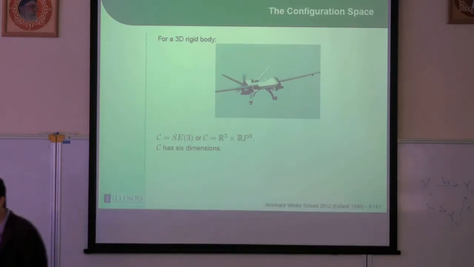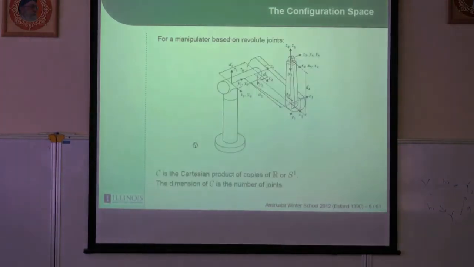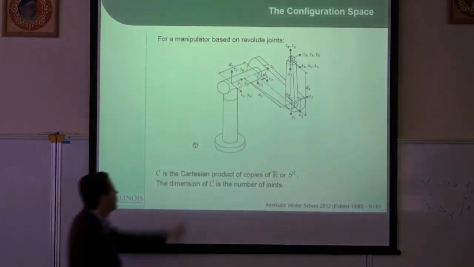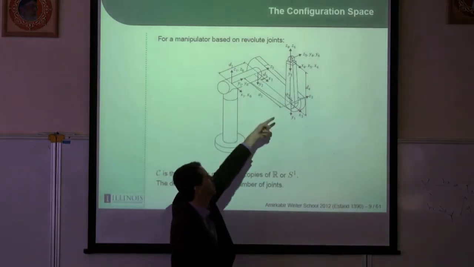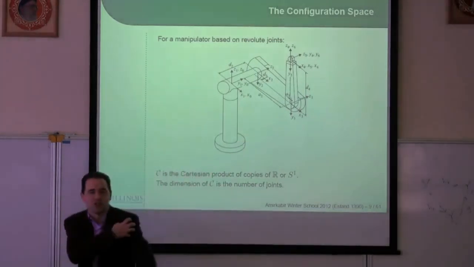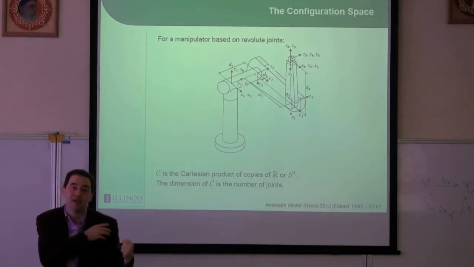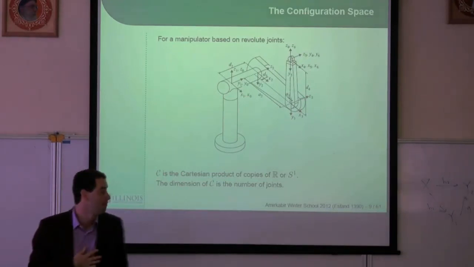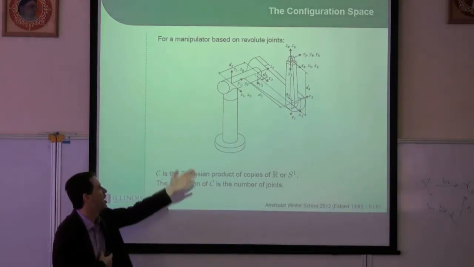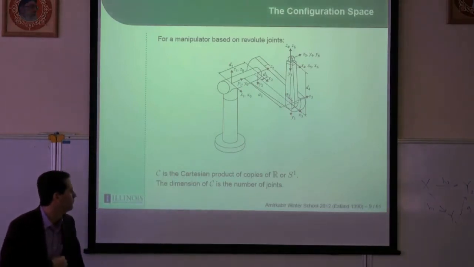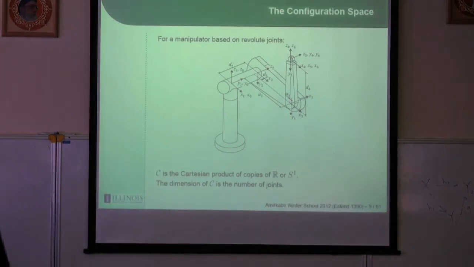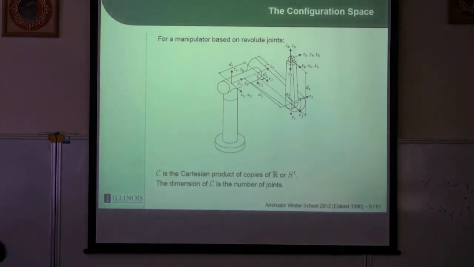So if you have a rigid body with all degrees of freedom, you have 6. If you have a robot, then for every one of the joints that can turn, you have another degree of freedom. Unless it has a shoulder joint or spherical joint, then you may get 2 or 3 more degrees of freedom. So you just take a Cartesian product of all of those. It could be R or S^1, depending on whether the joint goes all the way around or whether it gets stuck.